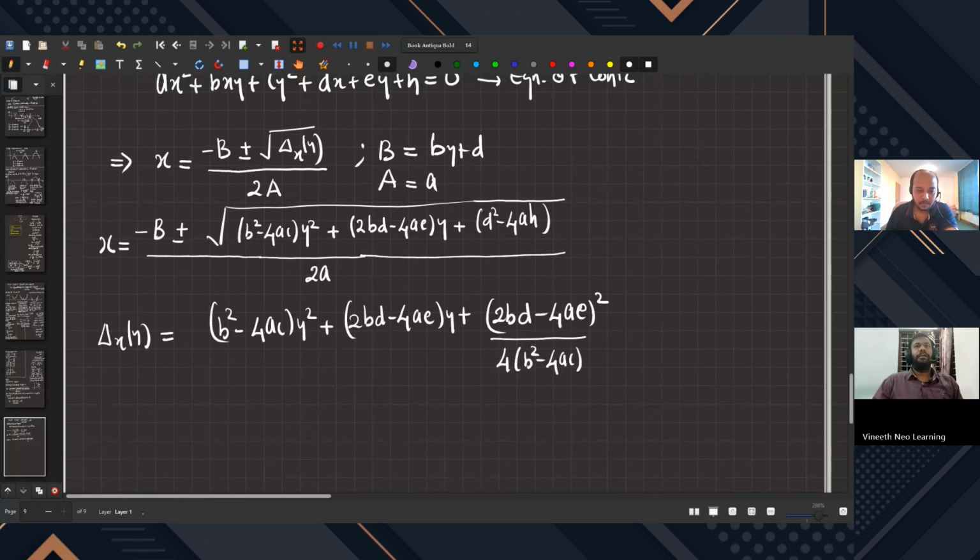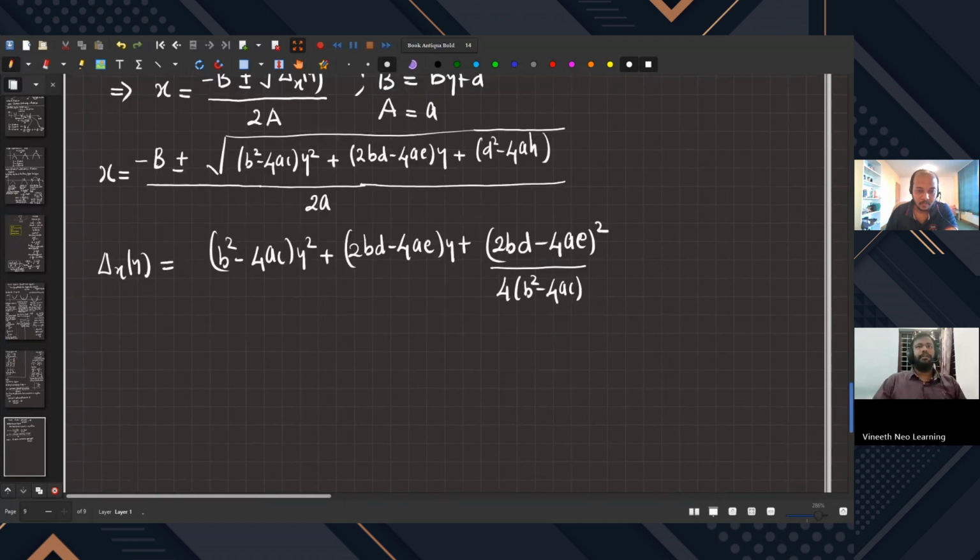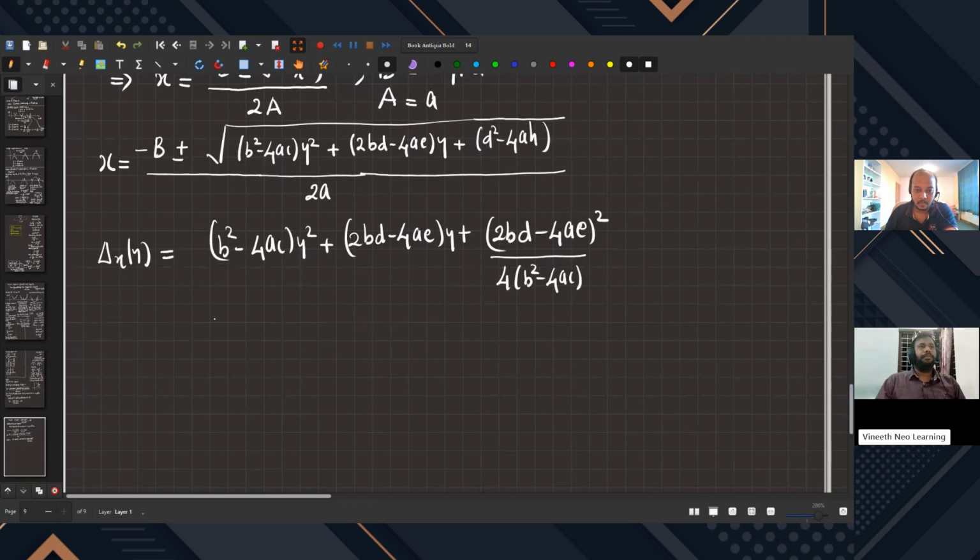Take b squared minus 4ac common from all three terms.